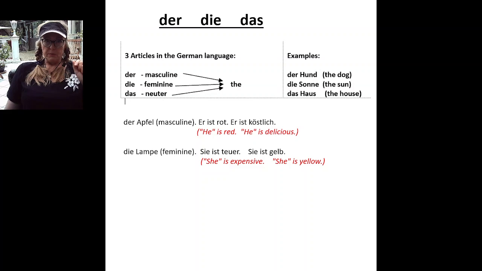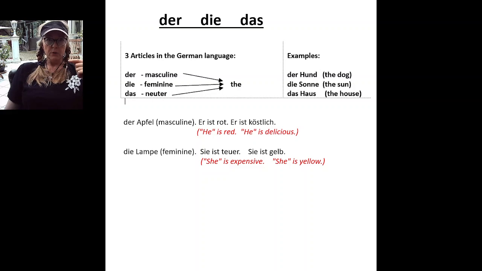Here are some examples. What do I mean by the grammatical gender? If you look on the right side, it says der Hund, the dog, die Sonne, the sun, and das Haus, the house. So you have all 3 articles here as an example. Der Hund means that Hund has the masculine grammatical gender.